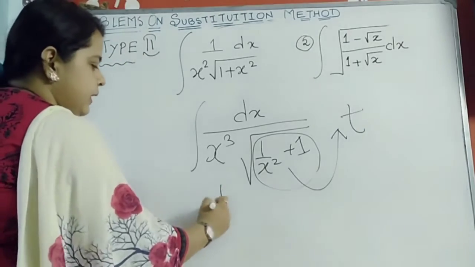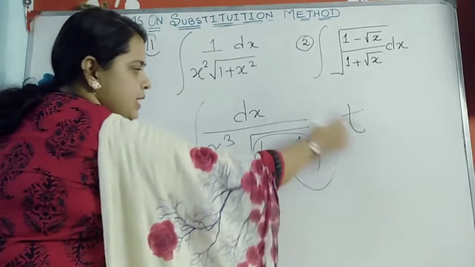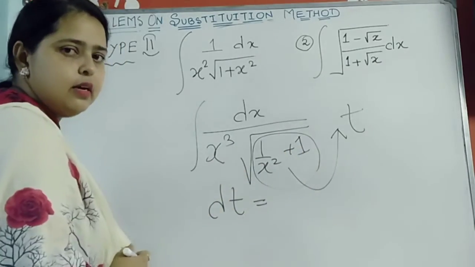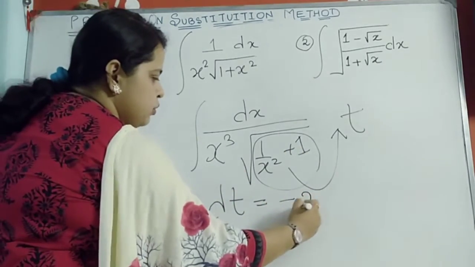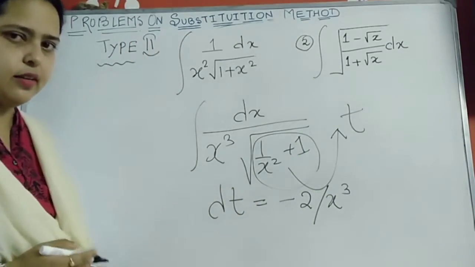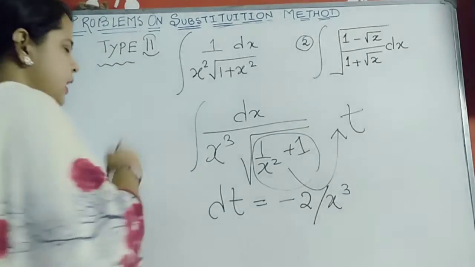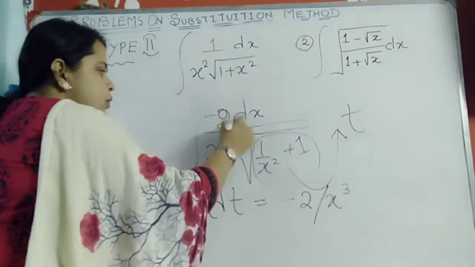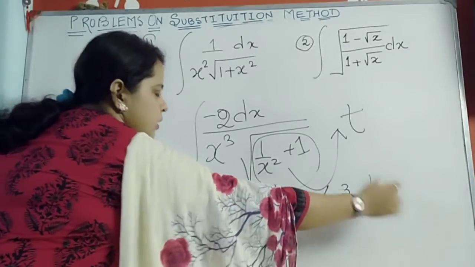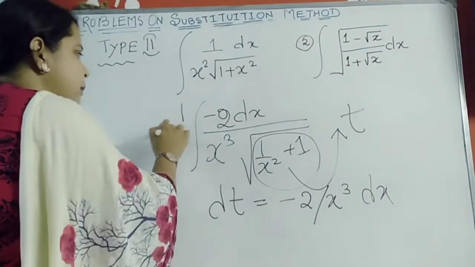Yes, dt becomes, if this entire part becomes t, the derivative of this entire part, that is minus 2 by x cube, isn't it? So minus 2 by x cube, that means if I put a minus 2 into dx, my work is done, but there is no minus 2 actually. For that I need to balance it.